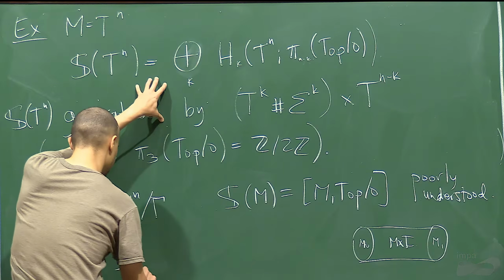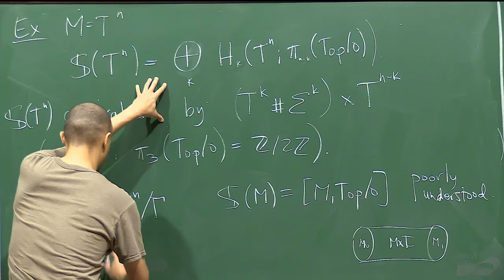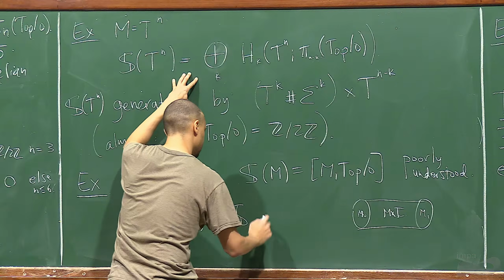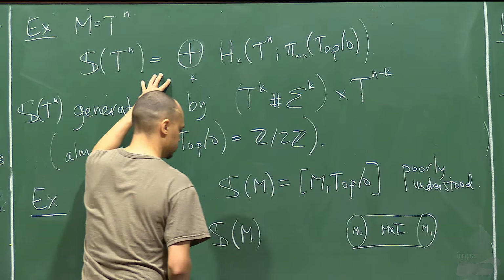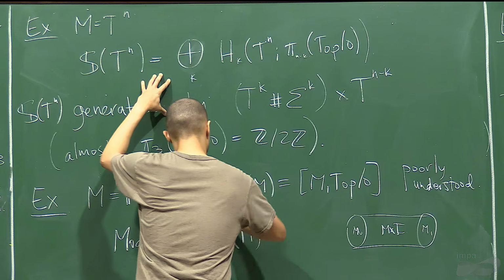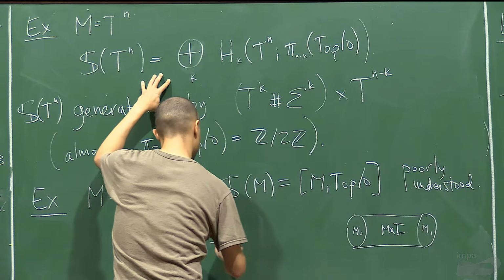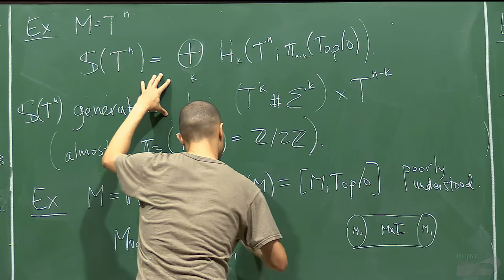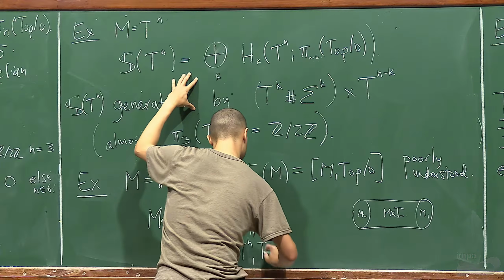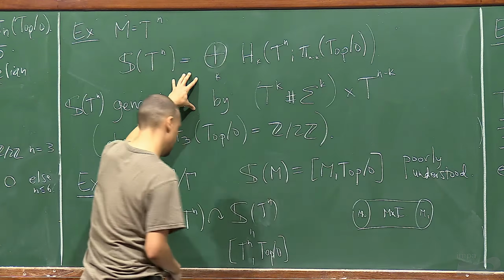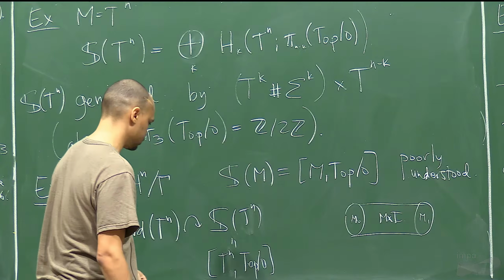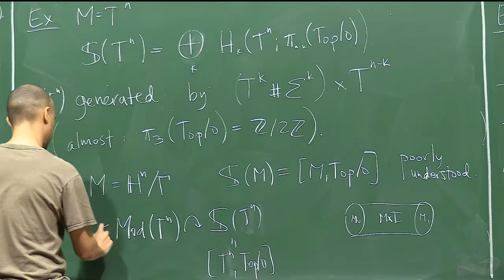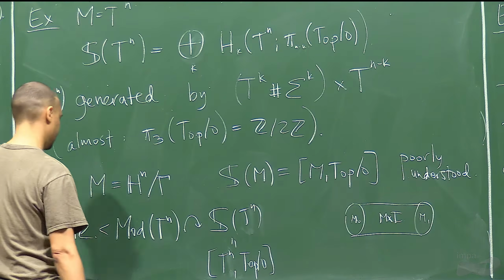You have an action of the mapping class group of the n-torus on this set, essentially by precomposing with the action on T^n, and here you have SL_n(Z).